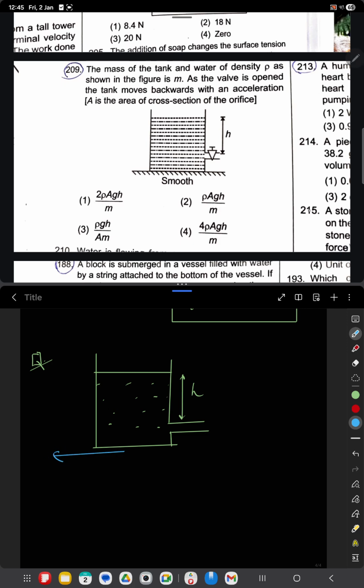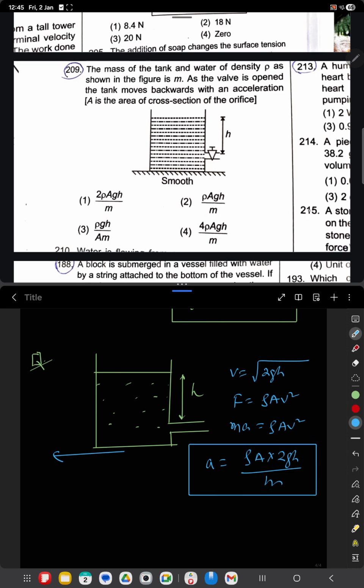The surface is smooth. This is a pretty easy question. You just need to know the velocity of efflux, v is equal to root 2gh, and force is equal to rho A v square, and this force will be imparted in the backward direction as the fluid is coming in this direction. So m into a will be equal to rho A v square. Acceleration is rho A v square by m, where v square is 2gh. So this is your answer, option 1.